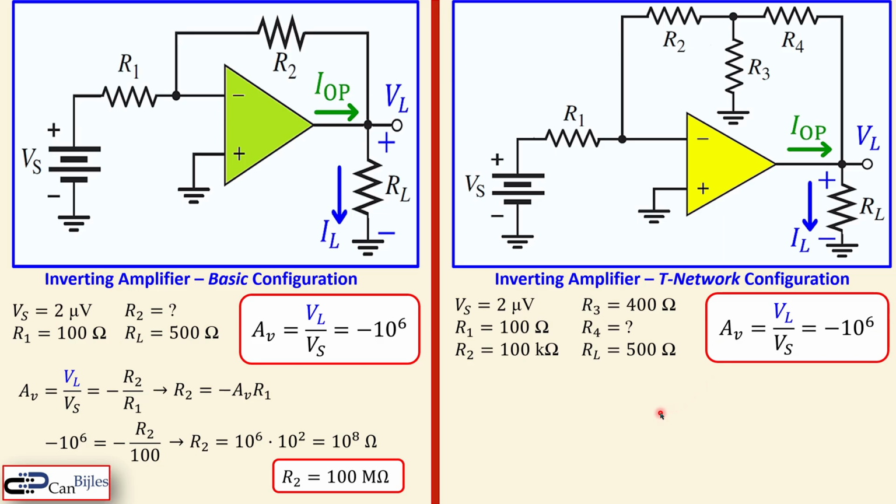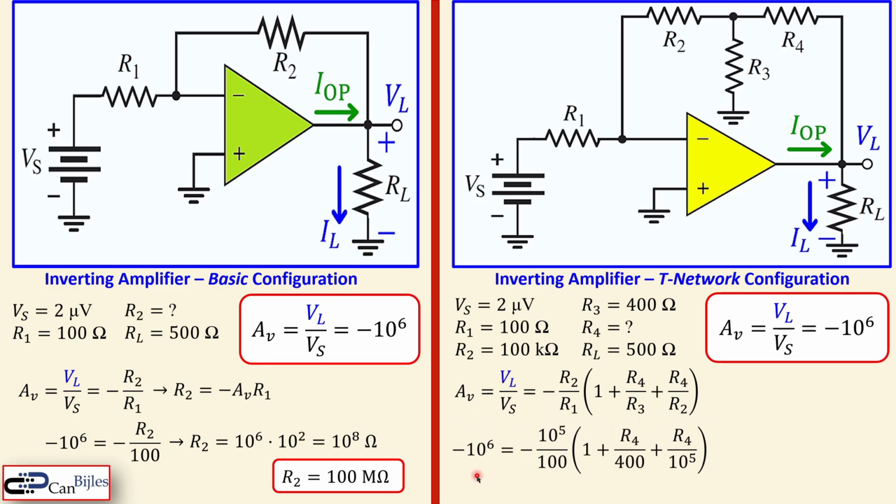So in this case, the gain expression for the inverting amplifier with the T network was given by this expression. If I substitute the values here for this specific case, so 10 to the power 5 means 100,000, and get R4 from this expression, it will give me 398 kilo ohms.